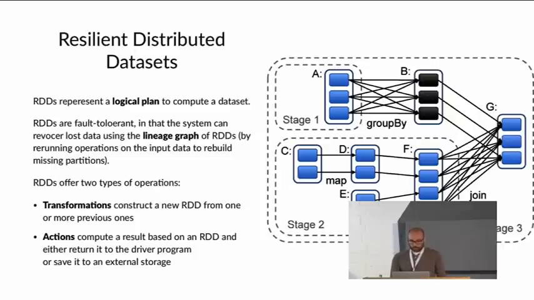Spark tries to pipeline computations when possible. So when you don't have to shuffle data between worker nodes, Spark tries to combine multiple computations on one worker node and only shuffles data between worker nodes when it's necessary.